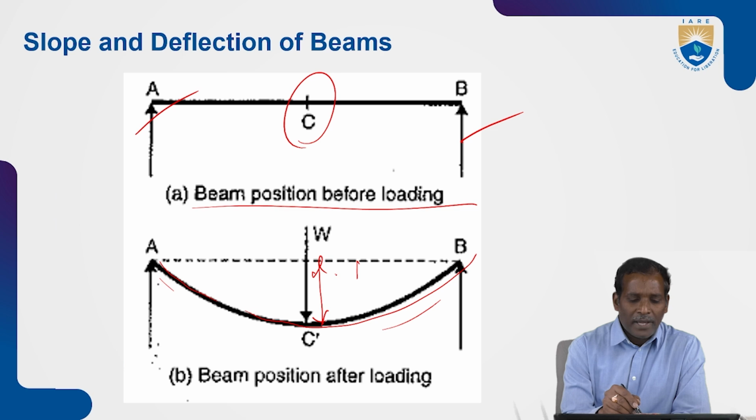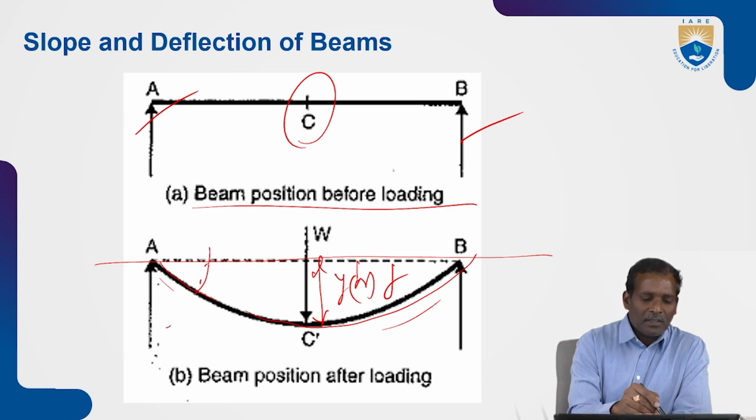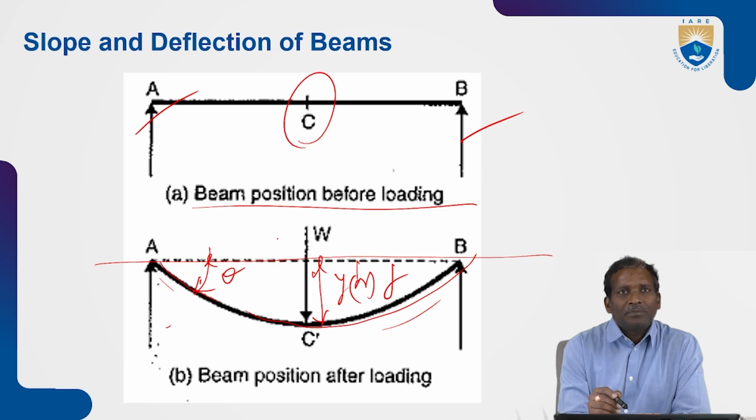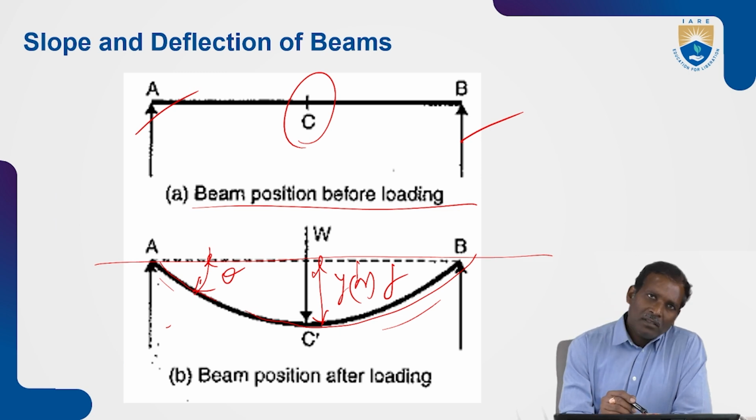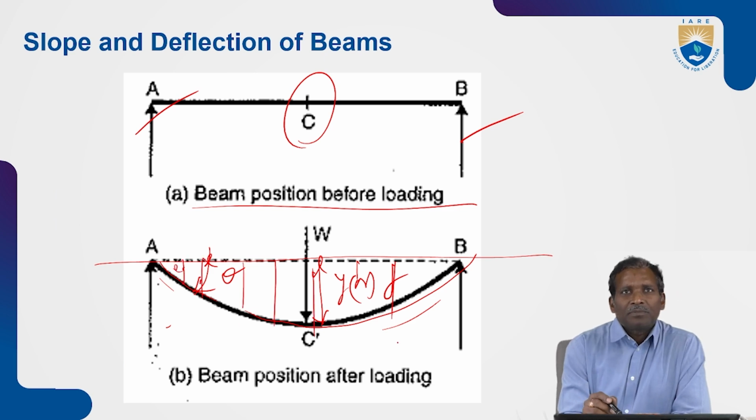This is y or delta. How much is it twisted? That is the difference at this point. This is the angle, that angle is theta, which is different throughout its length: theta 1, theta 2, theta 3, like this. There is a maximum limit for slope and there is a maximum limit for deflection.